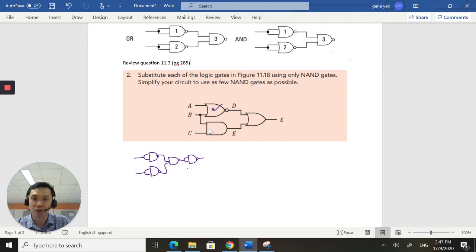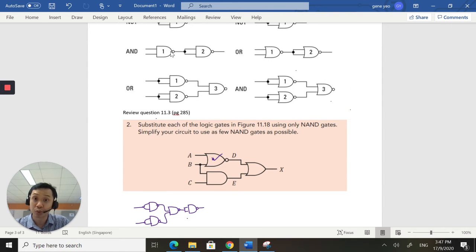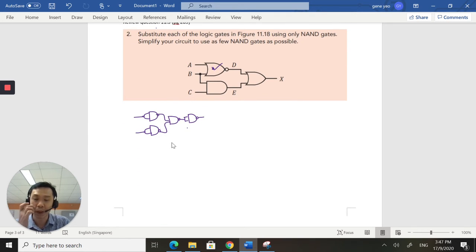Now let's draw my AND gate. So AND is 2, 1 in front of the other. So let's draw that now. So the way I'm going to do this, I'm going to draw this in line. So this 2 in front of the other. So I'm going to do it like this. This is going to be shorted like this.